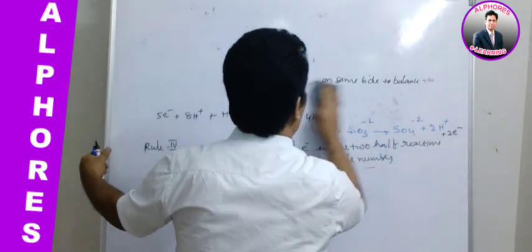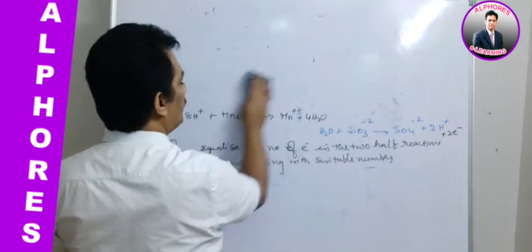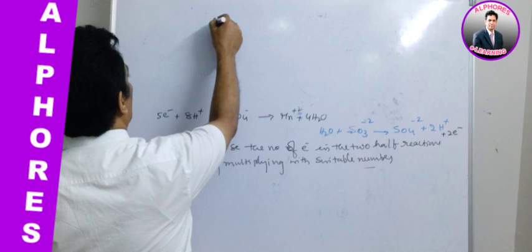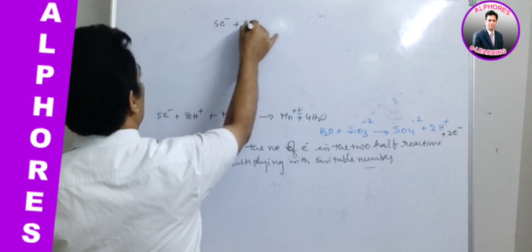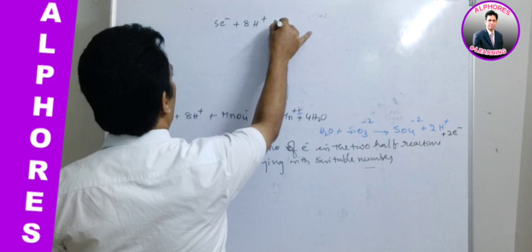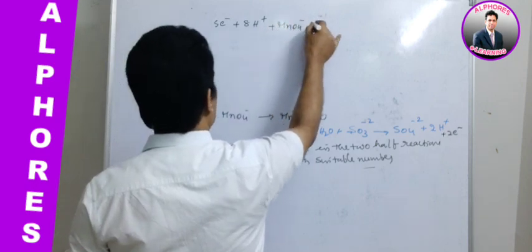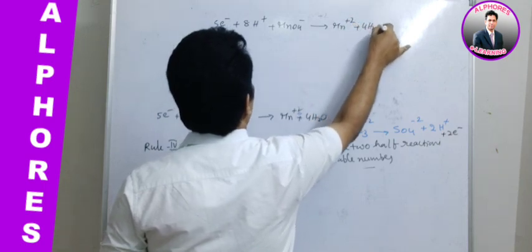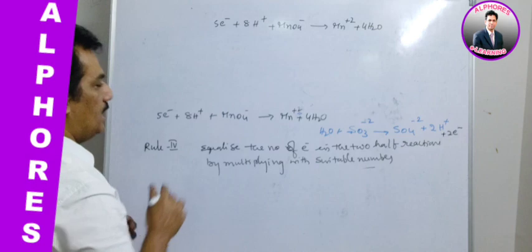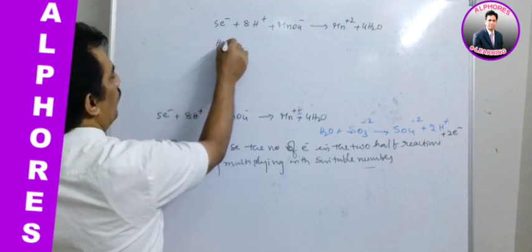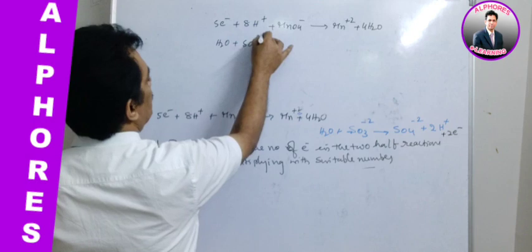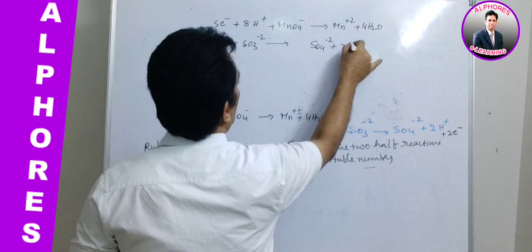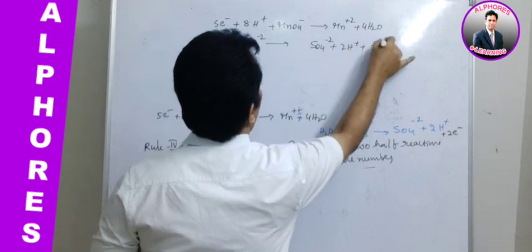Here we come to the charge balanced half reactions we now have. One equation is 5 electrons plus 8H plus plus MnO4 minus giving Mn plus 2 plus 4H2O. This is one, and the second one is H2O plus SO3 minus 2 giving SO4 minus 2 plus 2H plus plus 2 electrons.